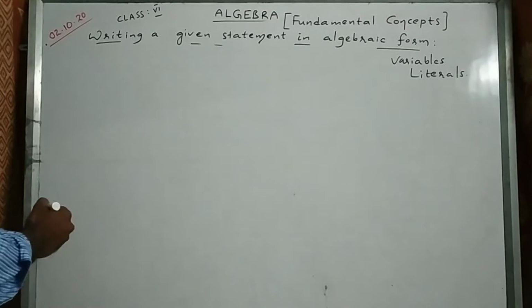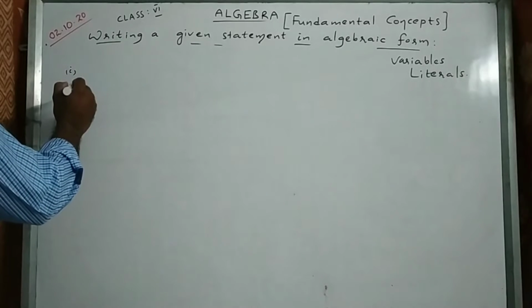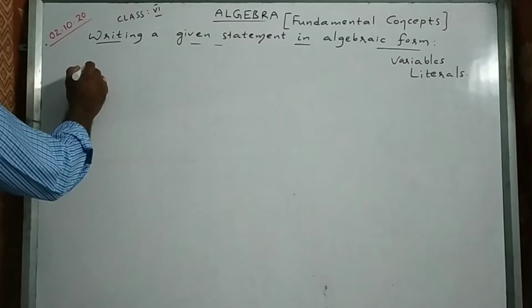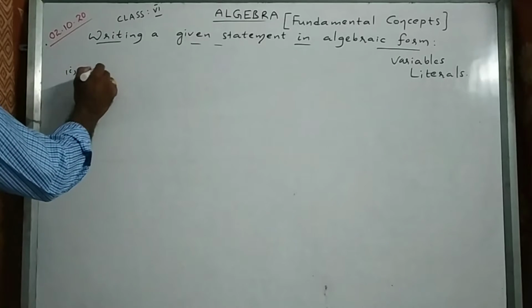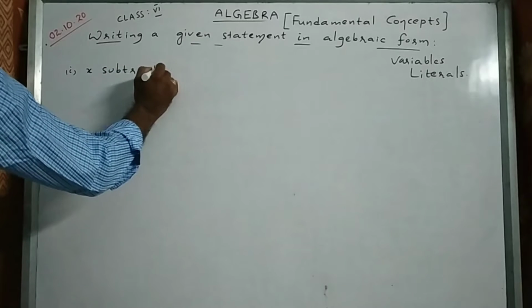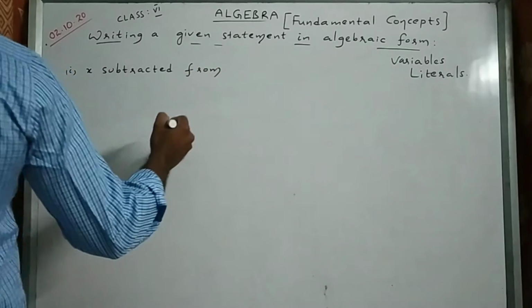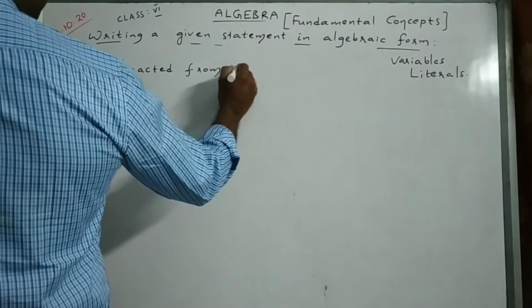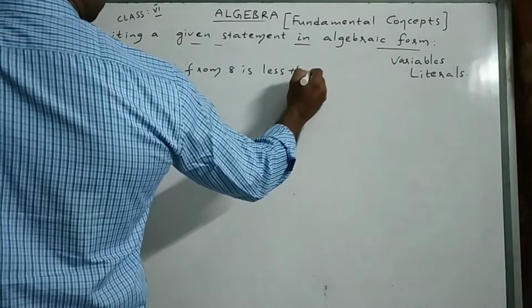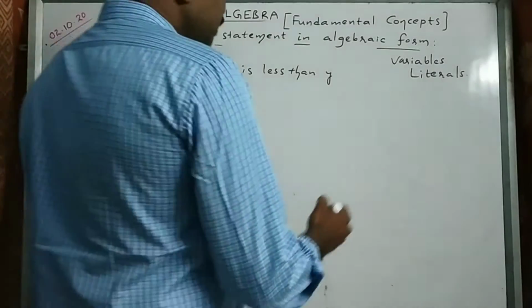Let me see once. Suppose one statement is given here: X is subtracted from 8 is less than y. What are the symbols we are going to use?